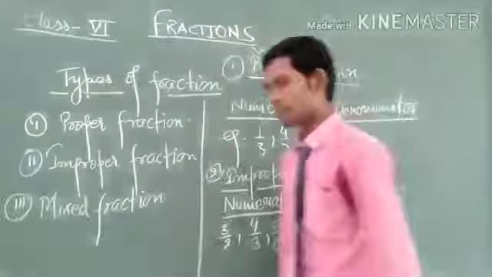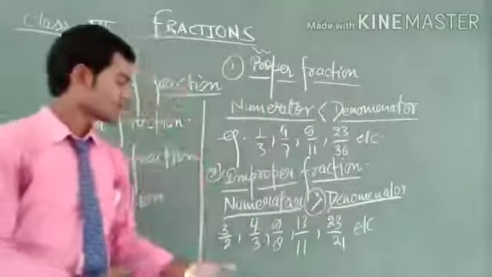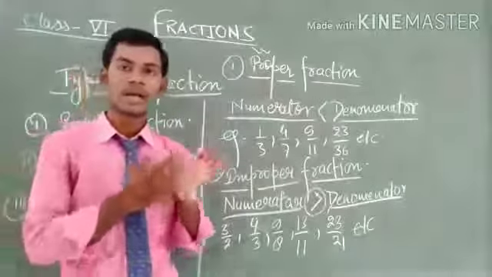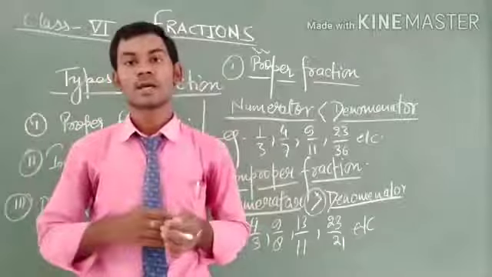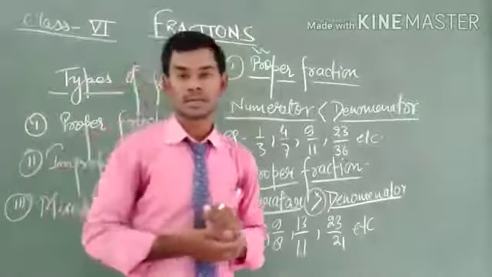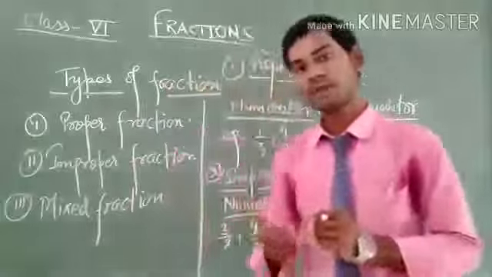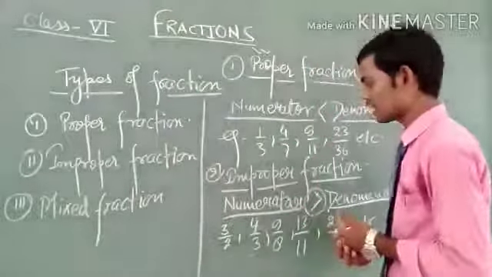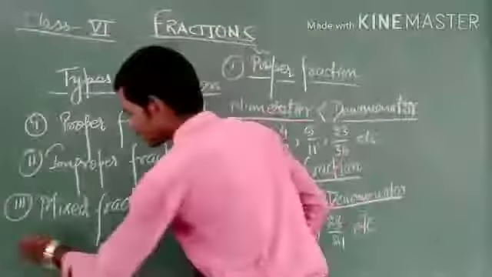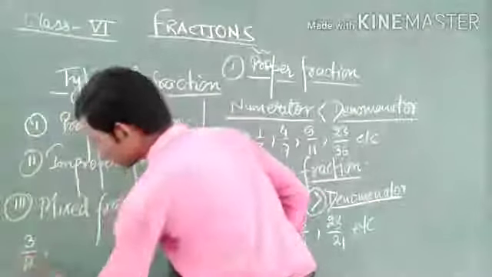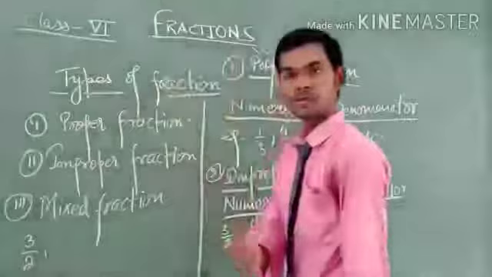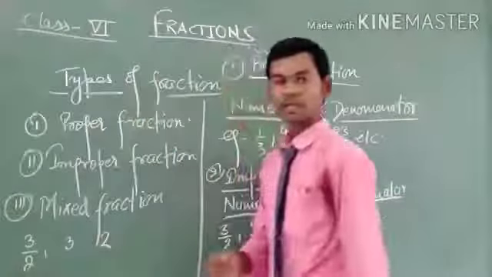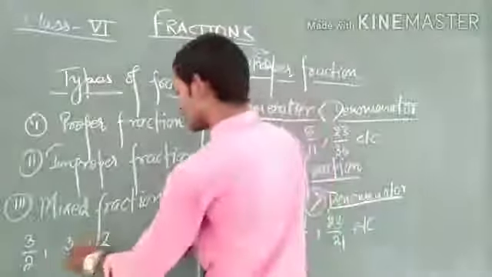Here we have some examples of improper fractions, because every fraction here has the numerator greater than the denominator. For your verification, if I write the fraction 3 upon 2, we have two numbers, 3 and 2, and if we compare them we find that 3 is greater than 2.